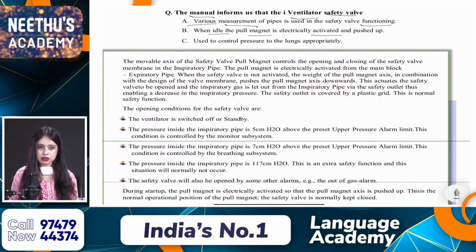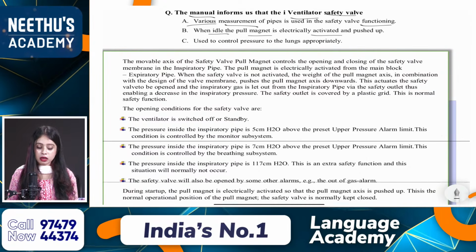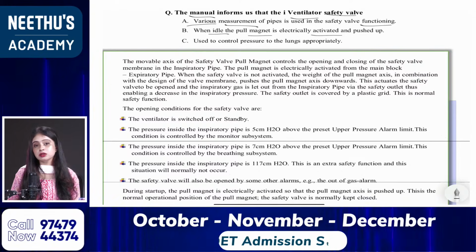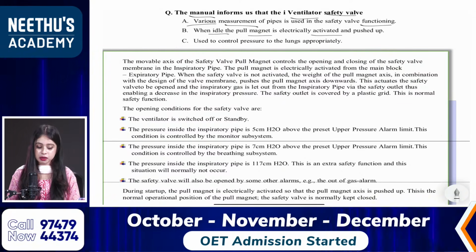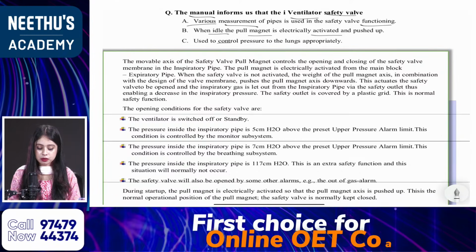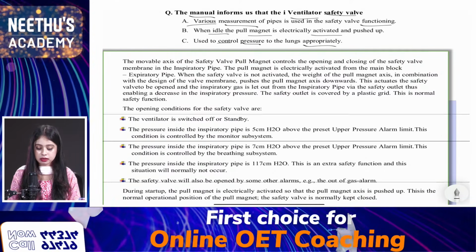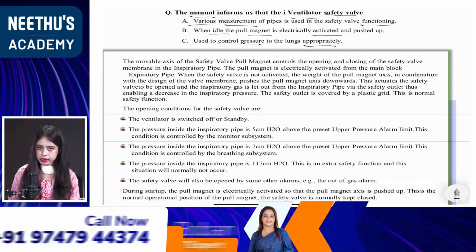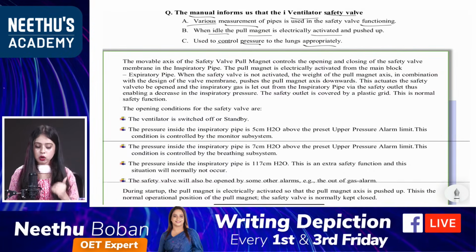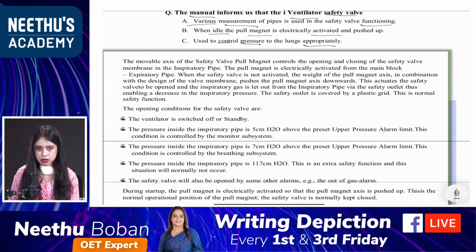And what about option C? Used to control pressure to the lungs appropriately. So my keywords: control, pressure, appropriately. These are my keywords from each of the options. Clear? I hope you have already underlined the keywords from the options.